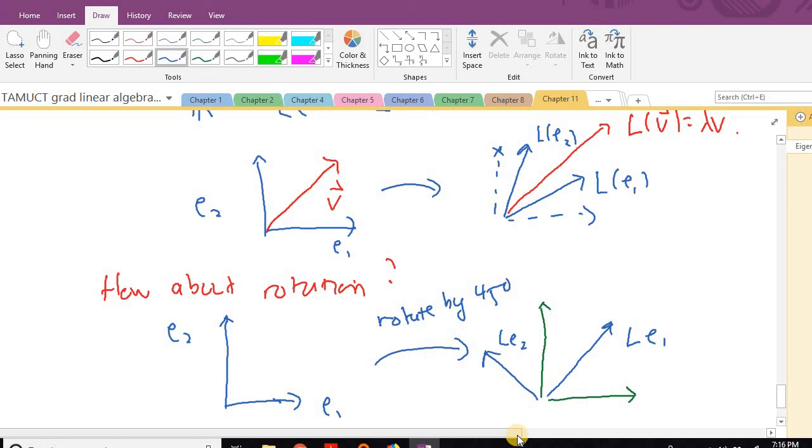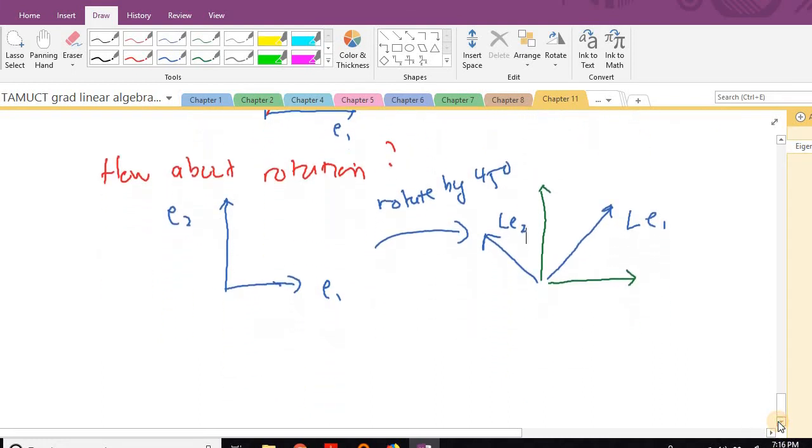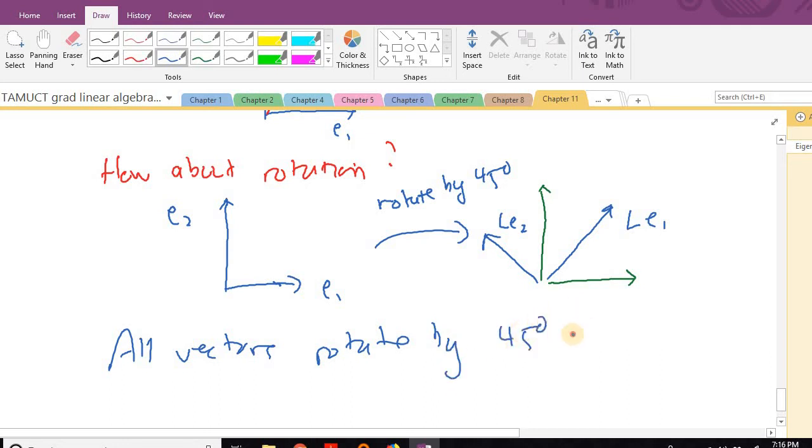A vector down here, it's going to rotate 45 degrees, not the same direction. So in fact, there are no eigenvectors at all, because all vectors rotate by 45 degrees.